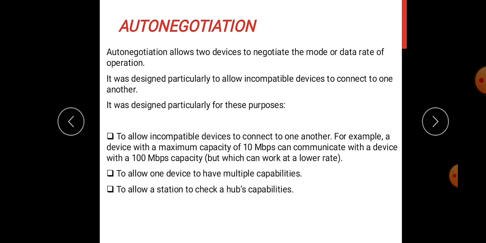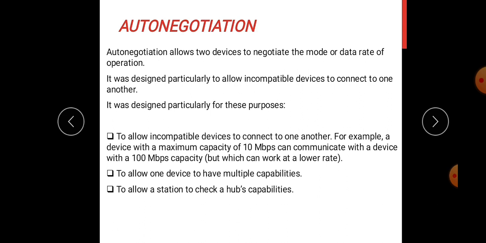For example, a device with maximum data rate of 10 Mbps can communicate with a device with 100 Mbps data rate. It was designed particularly for this purpose, to allow incompatible devices to connect to each other.